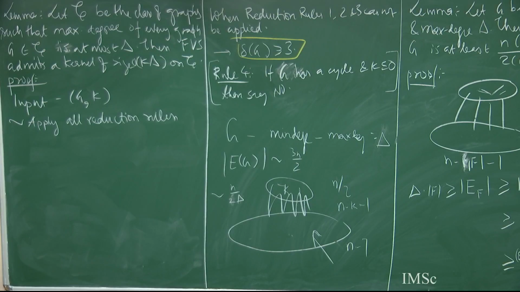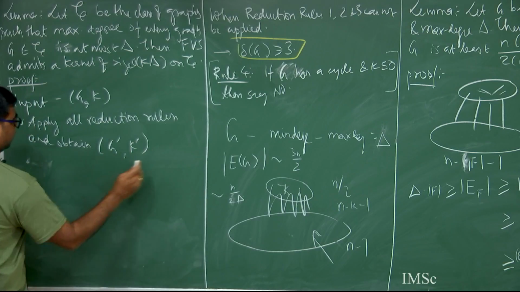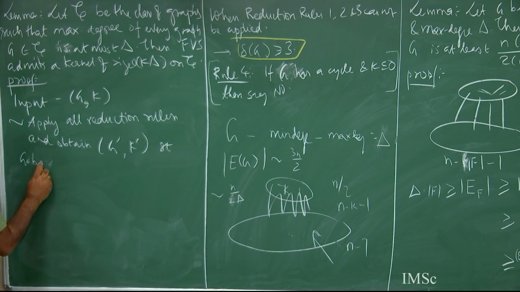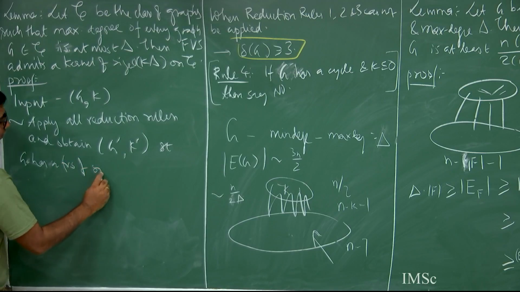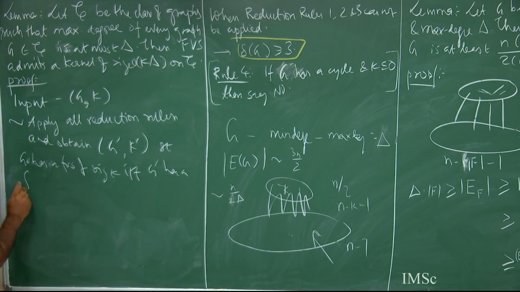If you delete, it can only decrease. And when you delete someone and add an edge, it was anyway counted as part of this. So apply all reduction rules and obtain G prime, k prime such that G has a feedback vertex set of size k if and only if G prime has a feedback vertex set of size k prime.